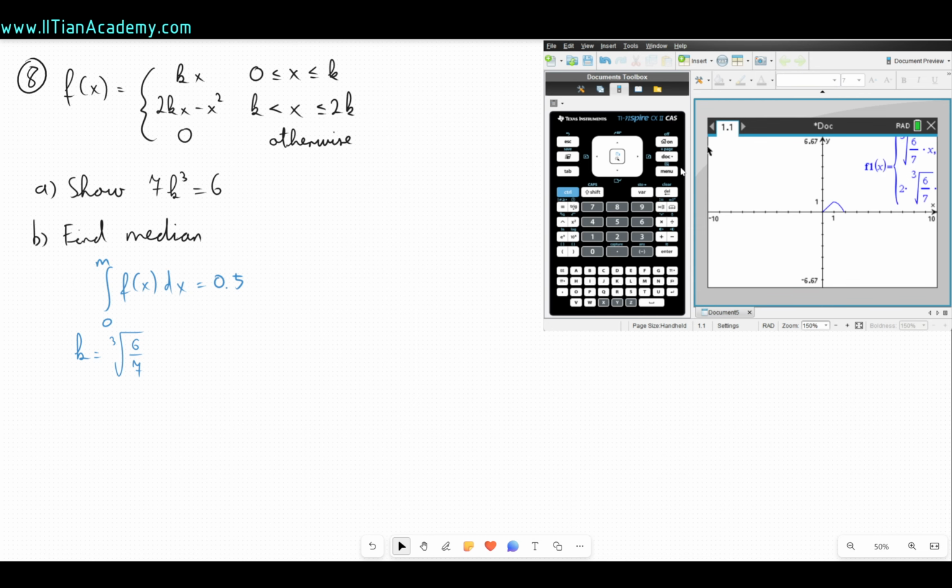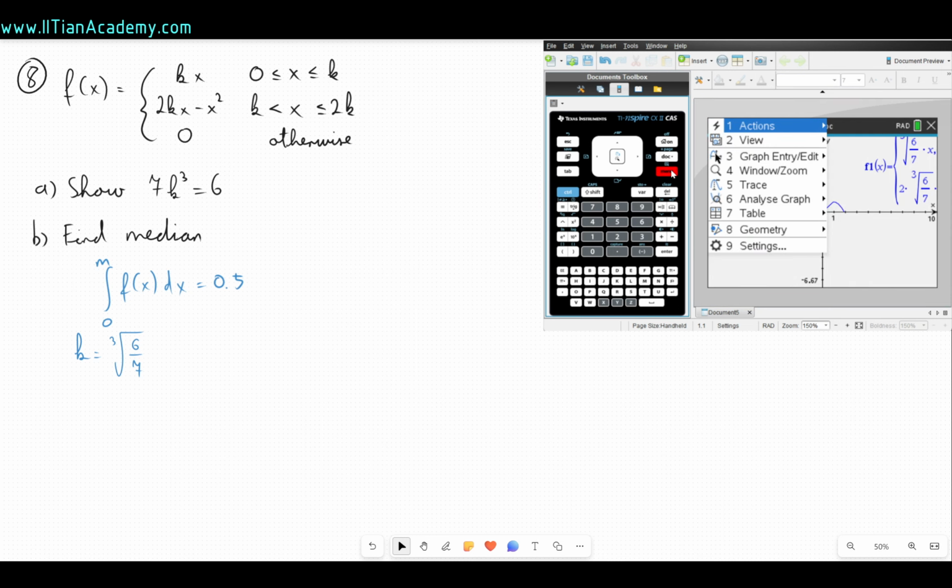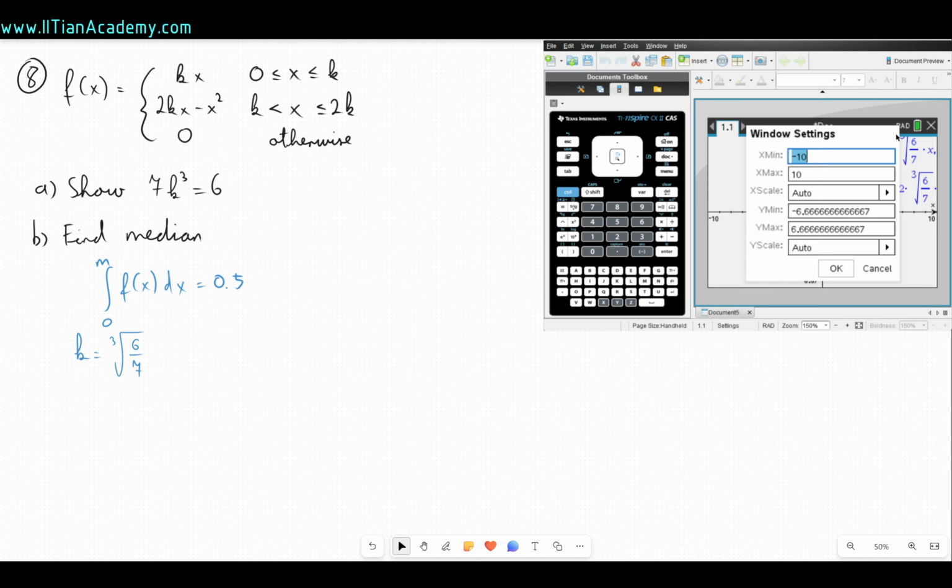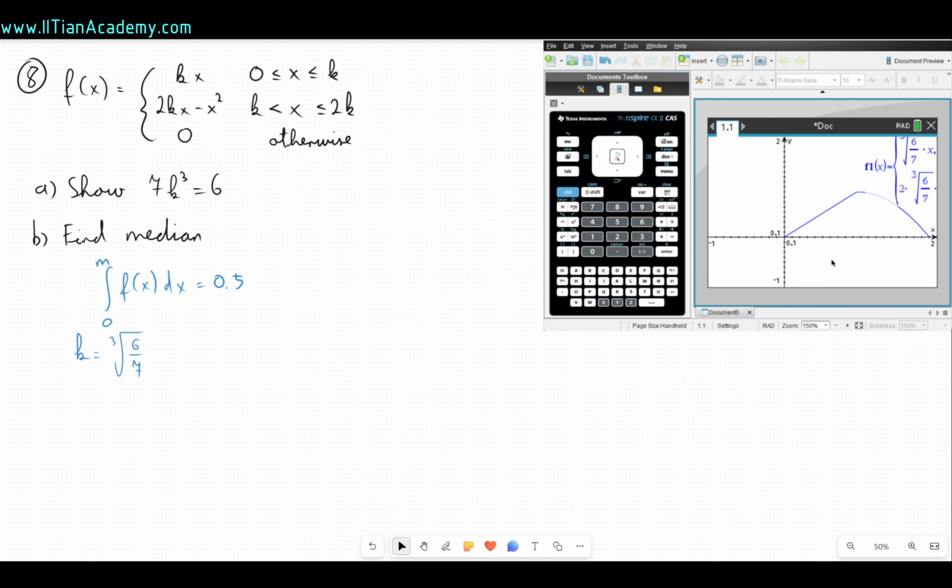So let's zoom in a little bit so you can see what's going on. Let's make x min minus 1, x max 2, y min minus 1, and y max 2. We don't really care about this function, so I'll just put it away.